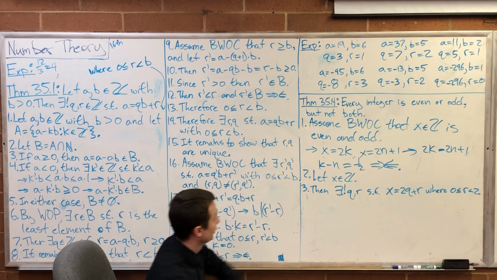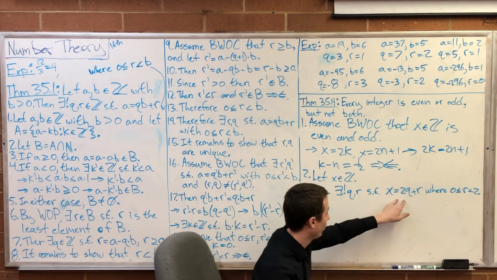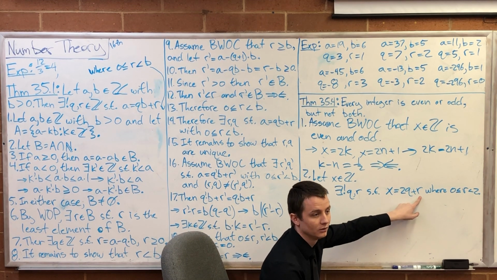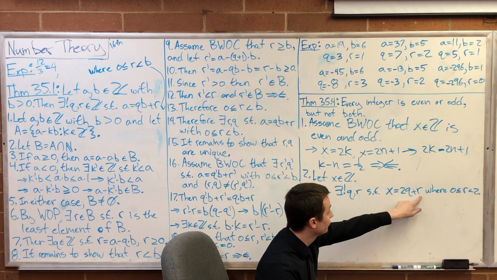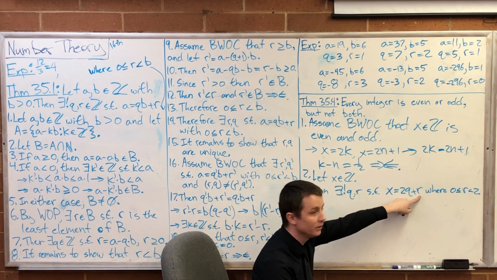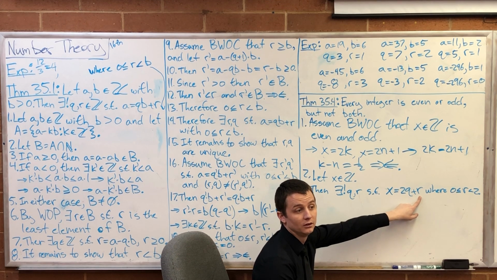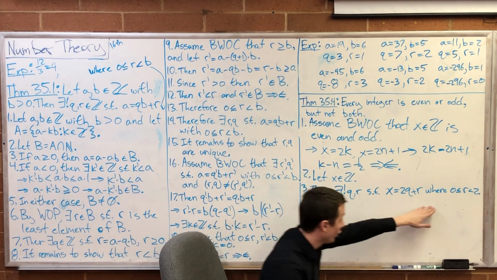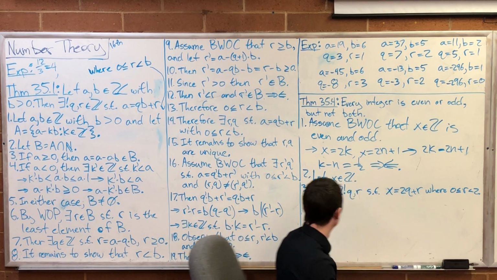In other words, whatever x is, we can divide it by 2, and we'll get a quotient and a remainder. Now, notice what we know about the remainder. What do we know about the remainder? It's either going to be 1 or 0. It has to be an integer greater than or equal to 0 and less than 2.